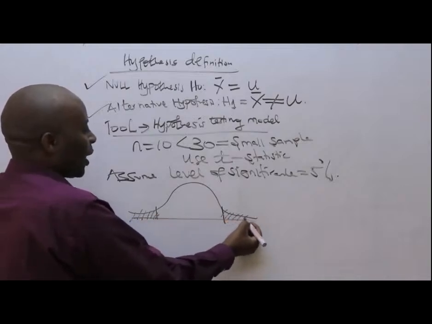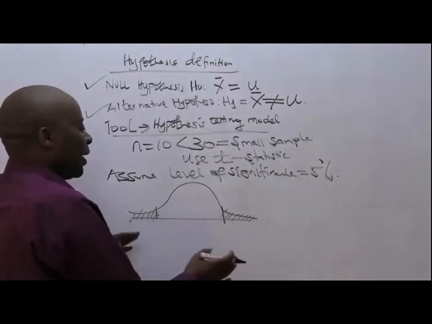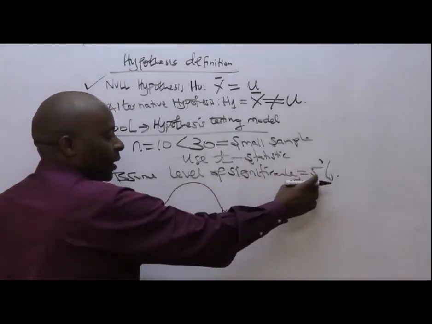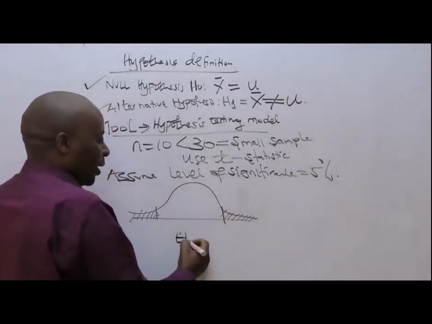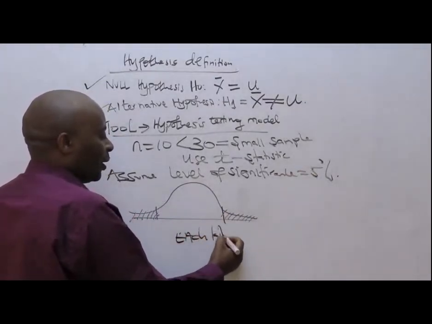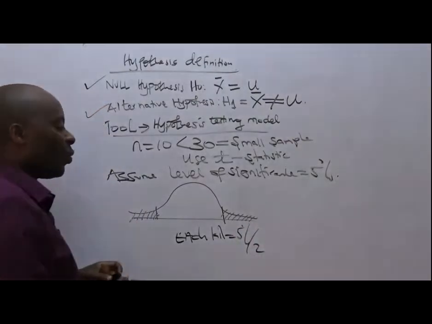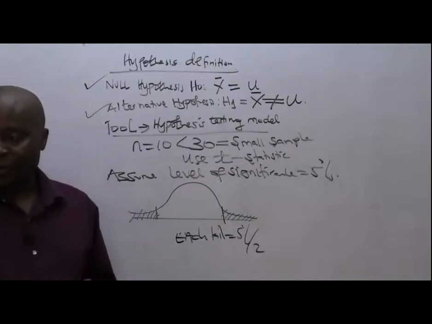2 tails. And the total area of the tails must carry the entire 5%. So in this case, each tail will be 5% divided by 2.